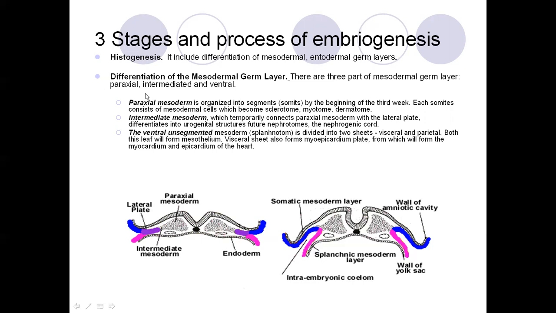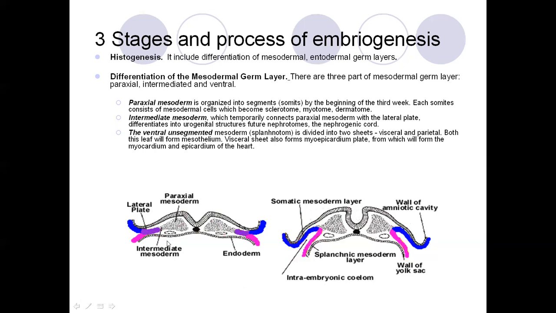Then, intermediate mesoderm, this part, violet color in these drawings, which temporarily connects paraxial mesoderm with the lateral plate, differentiates into the urogenital structures, future nephrotomes, or the nephrogenic cord.